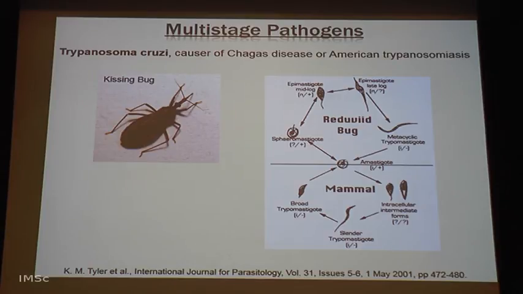And so also in the case of this pathology, you have a cycle within the vector, which is the kissing bug, and you also have a cycle within the mammal that allows for this pathology to establish a lifelong persistent infection.